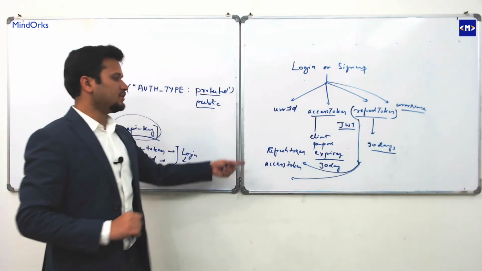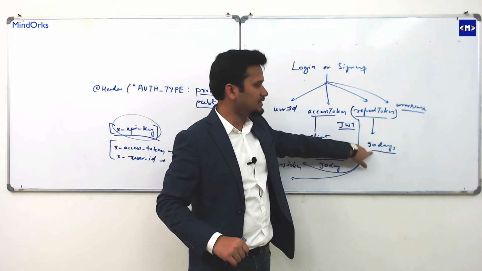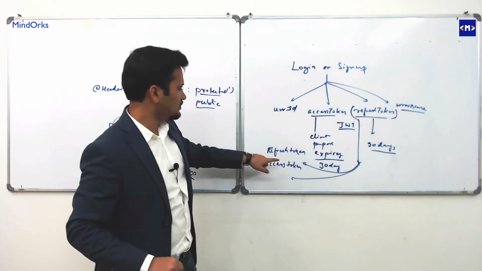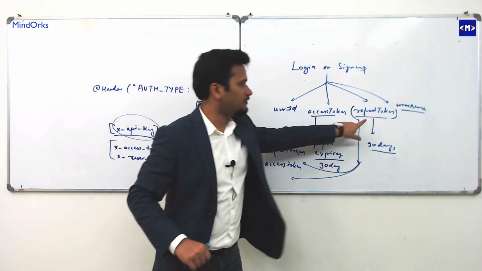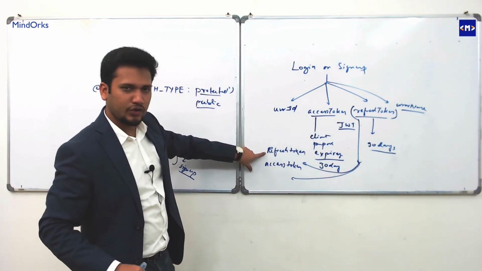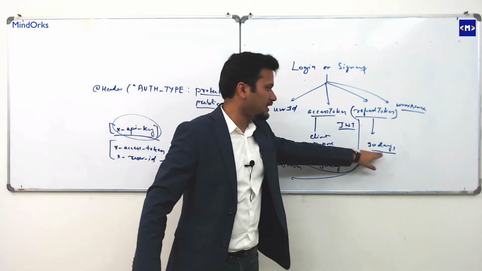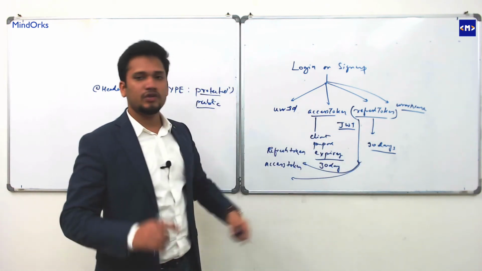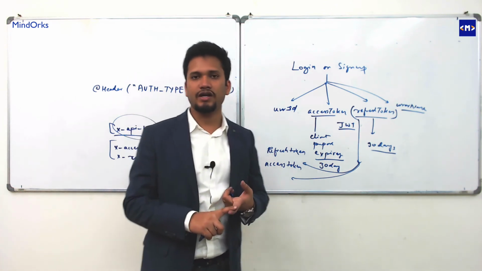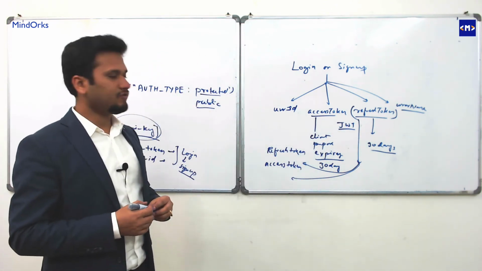So when the token expires, you need to call this within 90 days using the refresh token, and then you will get a new refresh token and a new access token. Its validity will be extended. But if even after 90 days you do not log in, then you will be forcibly logged out and you will have to log in again. So that is the role of the access token and refresh token.